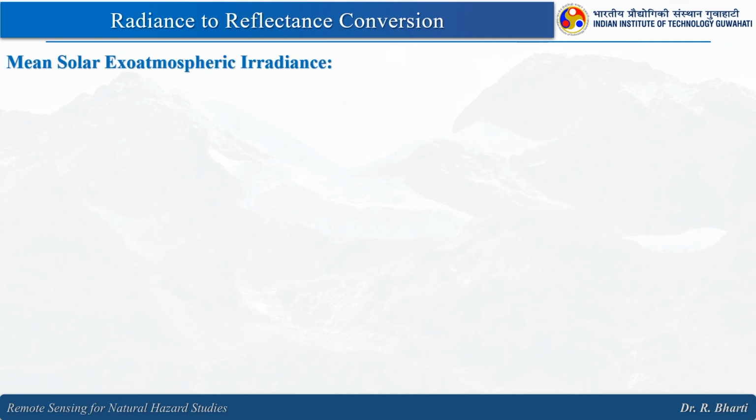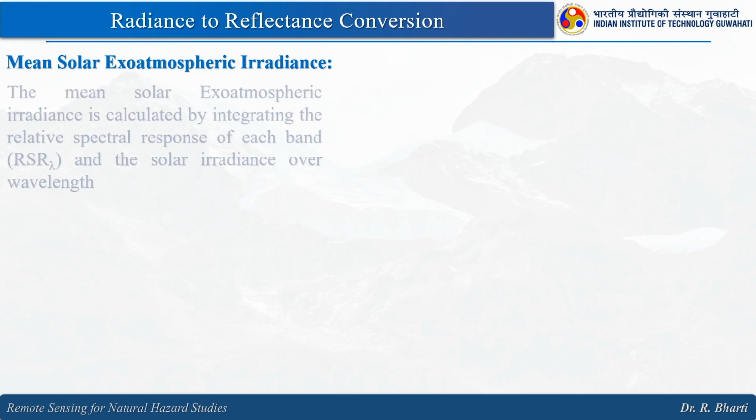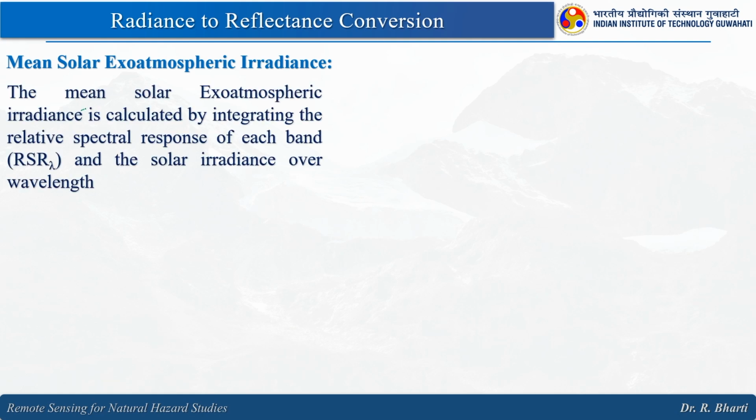Then radiance to reflectance conversion. Then comes the mean solar exo-atmospheric irradiance. The mean solar exo-atmospheric irradiance is calculated by integrating the relative spectral response of each band and the solar irradiance over the wavelength, right.